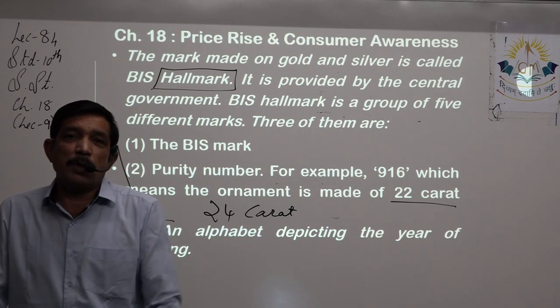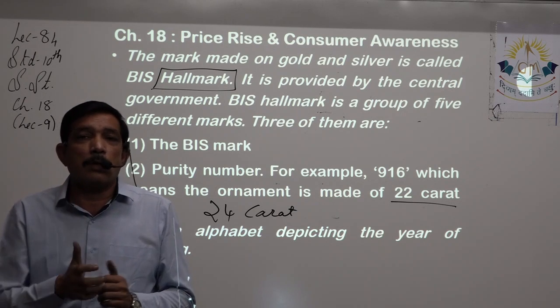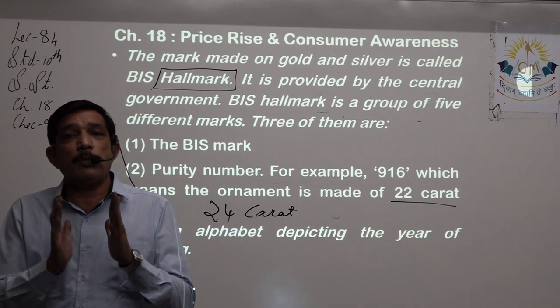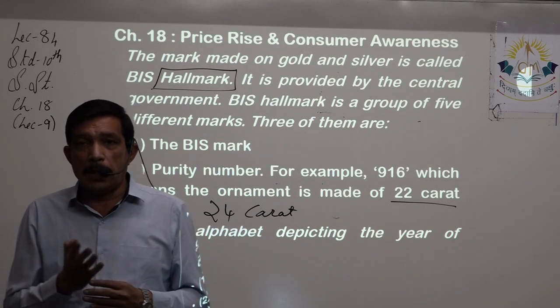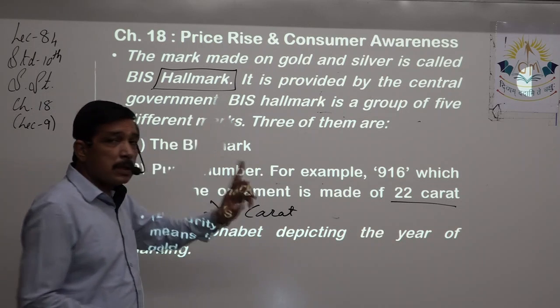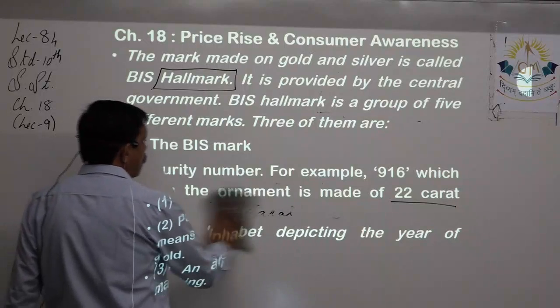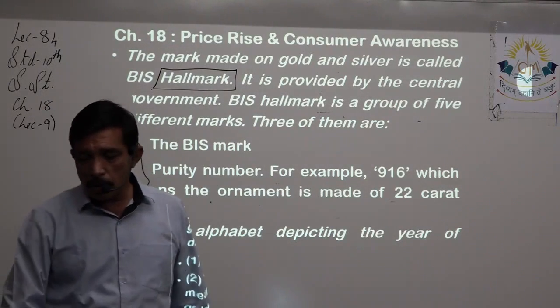Because we know gold ornaments are quite delicate, and with a little bit of pressure they can change shape. So in order to keep the shape intact, some impurities have to be added so that it gets that solidity. So 916 assures you that 22 karat gold is used in the making of this ornament.